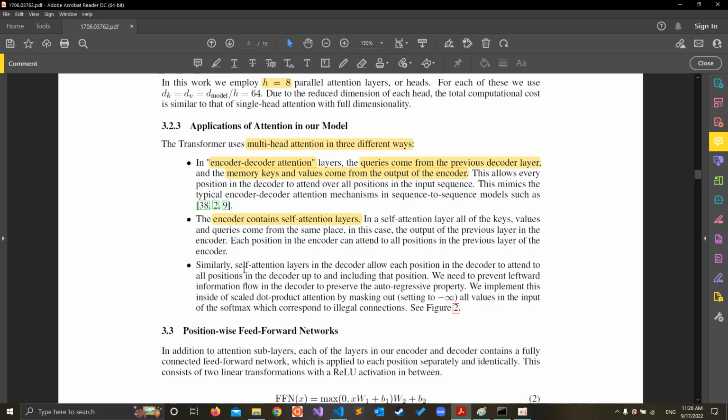Similarly, self-attention layers in the decoder allow each position in the decoder to attend to all positions in the decoder up to and including that position, which is a mask token. We need to prevent leftward information flow. We are going to complete the sentence, so saying a word that comes after that mask token is not a good thing for us.